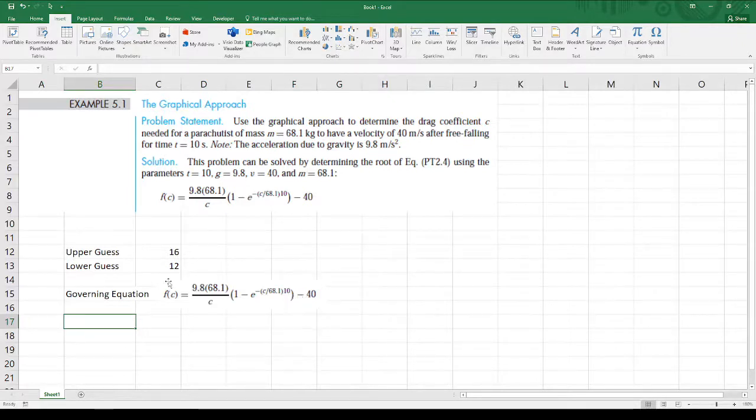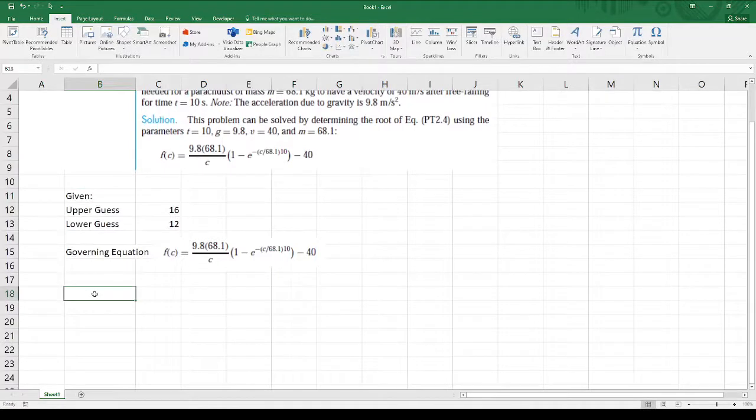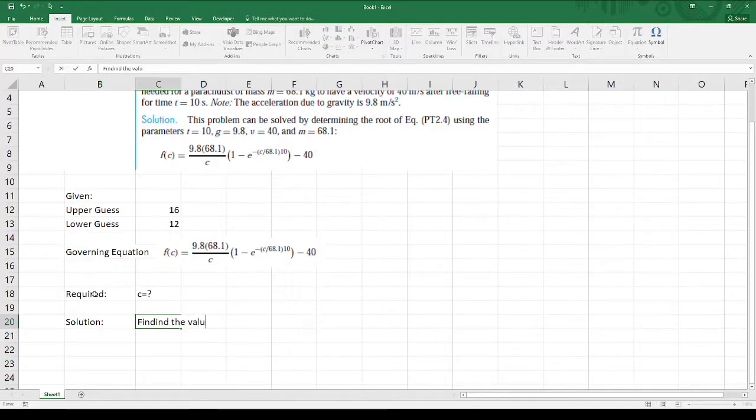In the problem, what is required is finding your C. So in the solution, you will describe here finding the value of C using the bisection method.